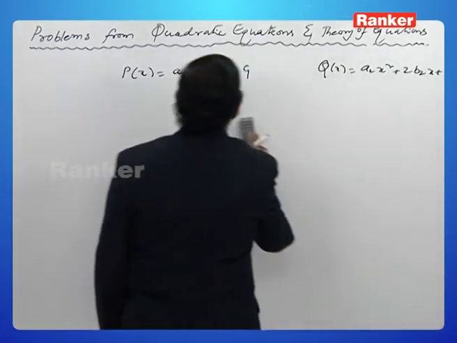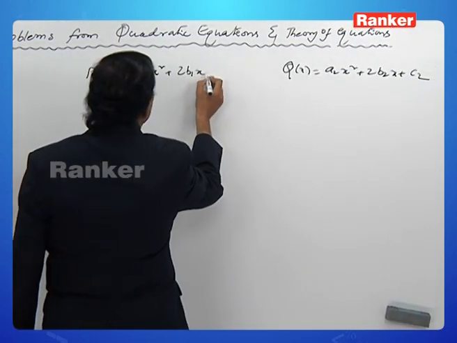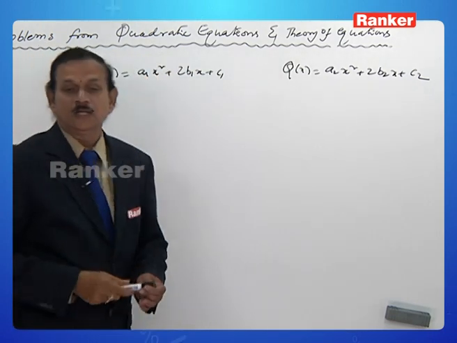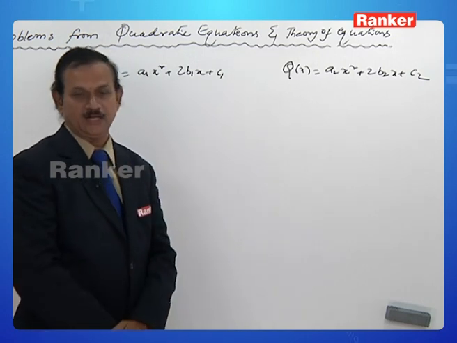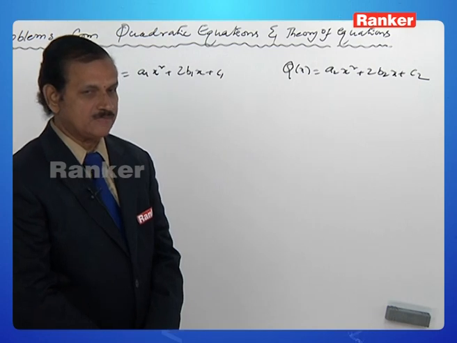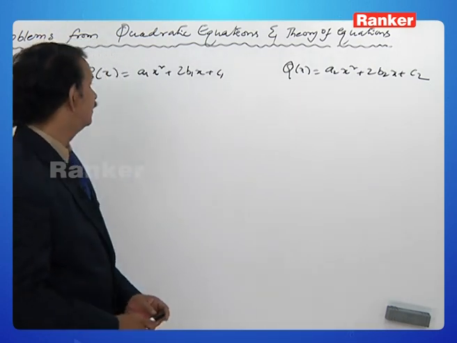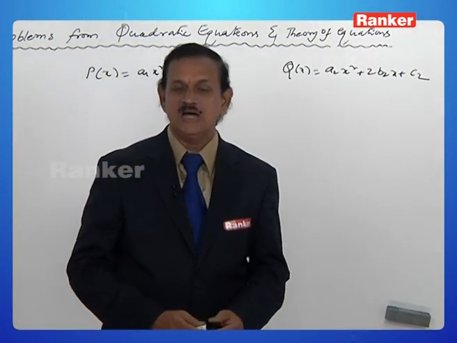These are the expressions given. Another important information is involved in the data. We have to use it very carefully. Both p of x and q of x take positive values for all x belongs to R.